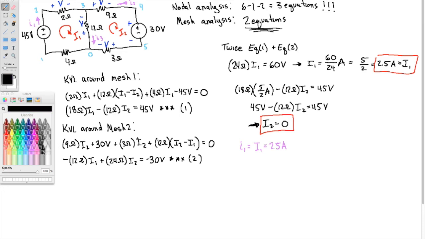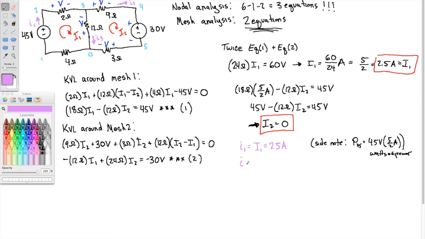So as a side note, that power supply there, the 45 volts, is supplying 45 volts times 5 halves amps watts of power, right? Okay, so what about I2, branch current I2?